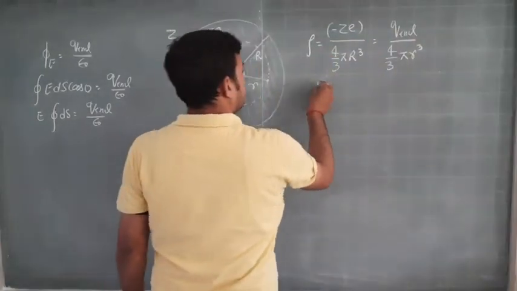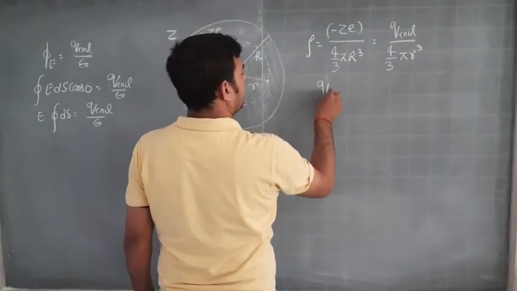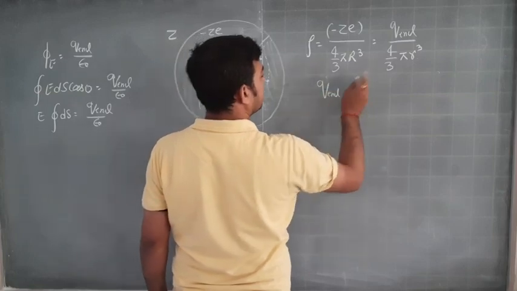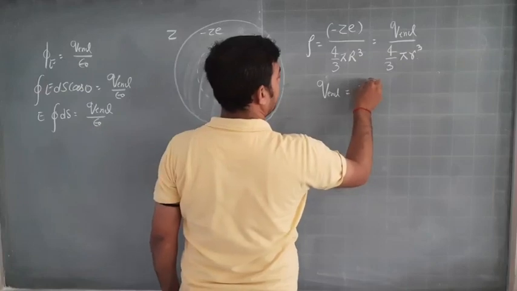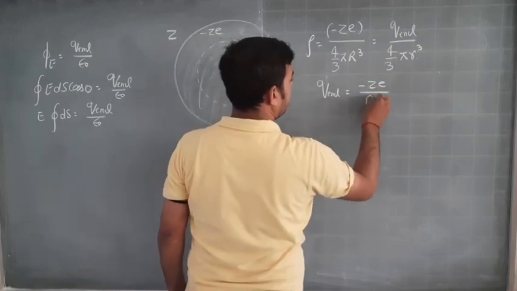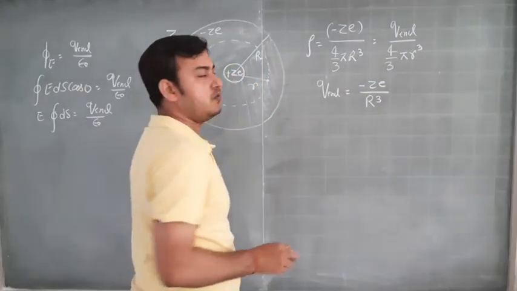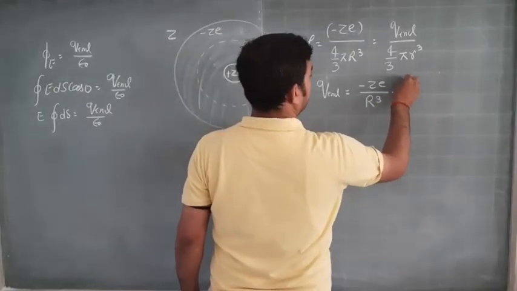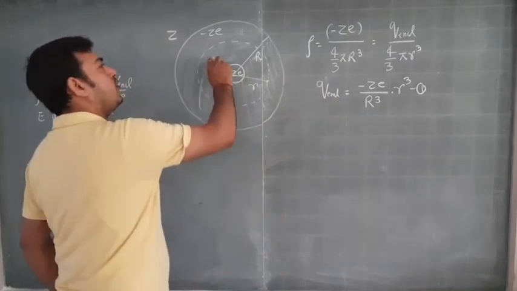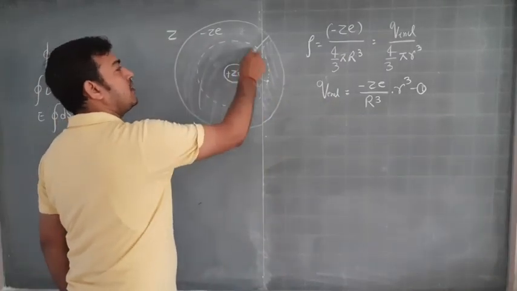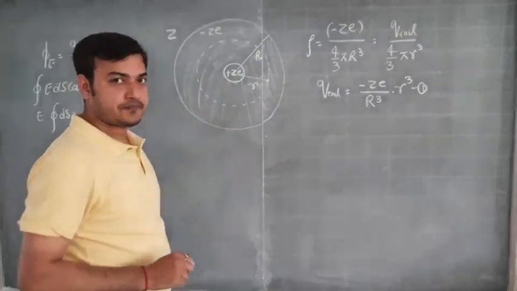So from this equation we can find the enclosed charge on this cloud only, and that comes out to be minus Ze divided by R cube into small r cube. This is the charge that is enclosed in the cloud.